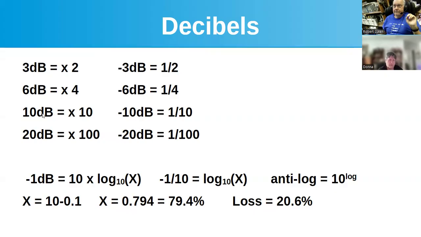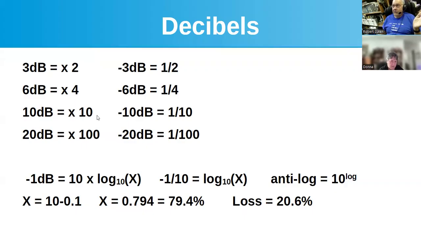I think I've gotten confused again. Remember I said if you add decibels, it's the same as multiplying their values. So if I take 10 dB and add 3 dB, it's equivalent to multiplying 2, which is 3 dB, times 10, which is 10 dB, or 20.